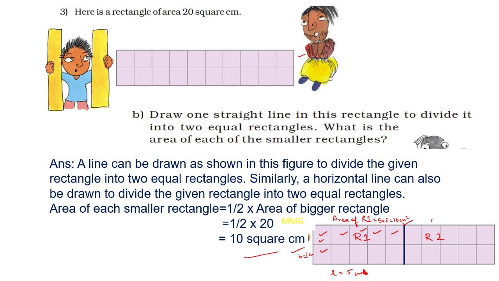In the same way you will find the area of rectangle 2 and it will again come 10 centimeter square, and when you will add area of both the rectangles, you will be getting 20 centimeter square. That is the area of the bigger rectangle. Okay, moving to the next page.